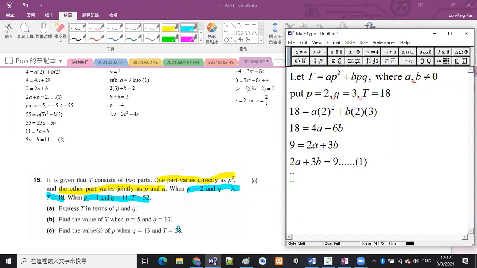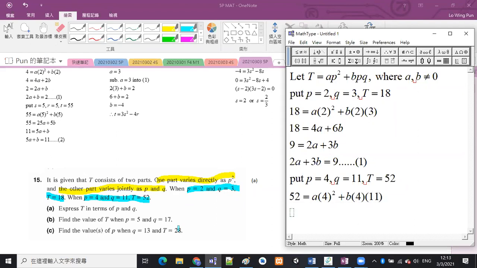And then for the second equation, we put P equals 4, Q equals 11, and T equals 52. Okay, so 52 is equal to A times P squared, that is 4 squared, plus B times P times Q, that is B times 4 times 11.